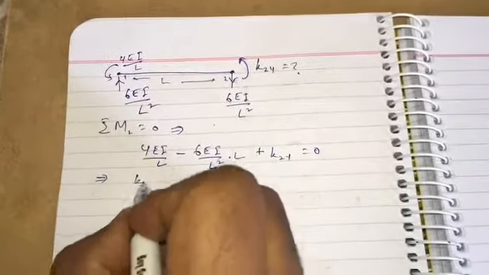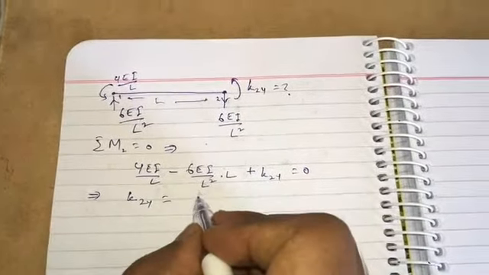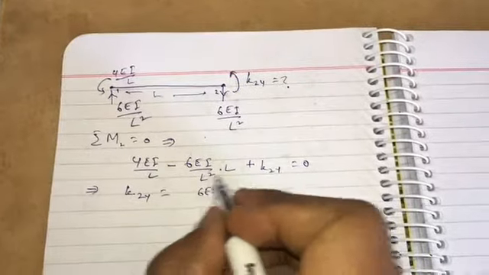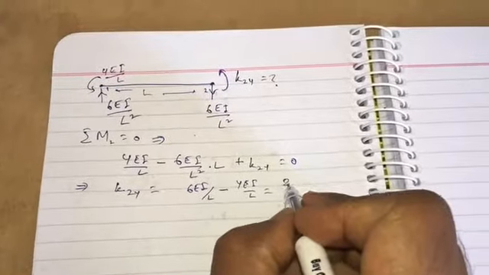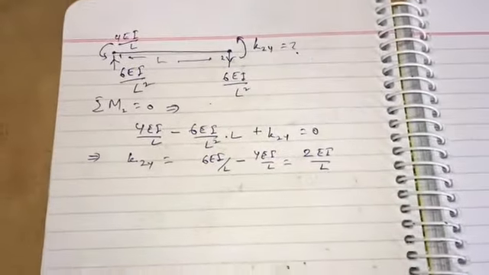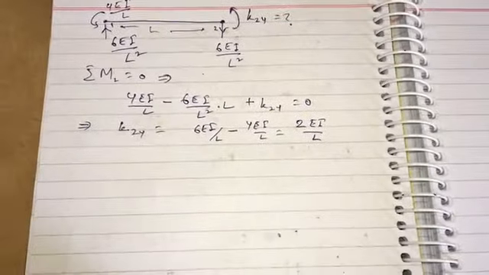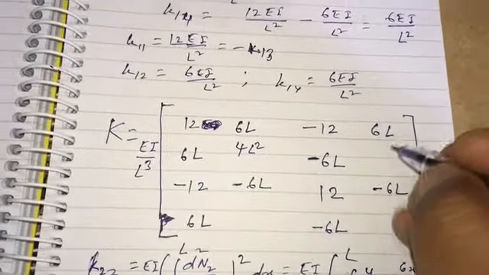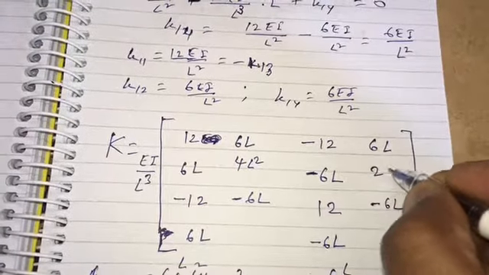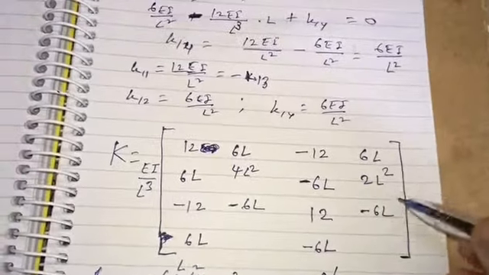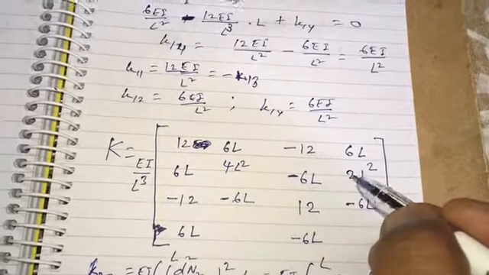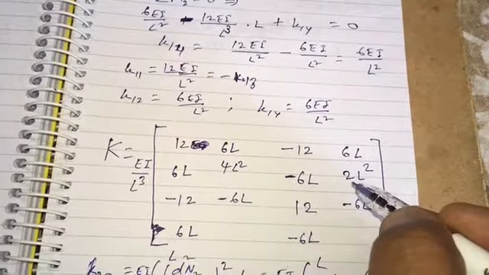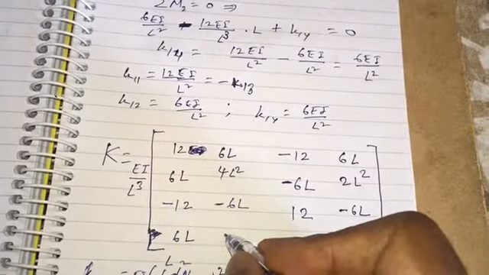We get K24 equal to 6EI over L minus 4EI over L, and hence you get 2EI over L. Okay, so let's go back to the K expression. What we get here? We get 2EI over L, so we write 2L square here, and since this is symmetric, the same value we will put here. So K24 equal to K42, so this K42 is 2L square.